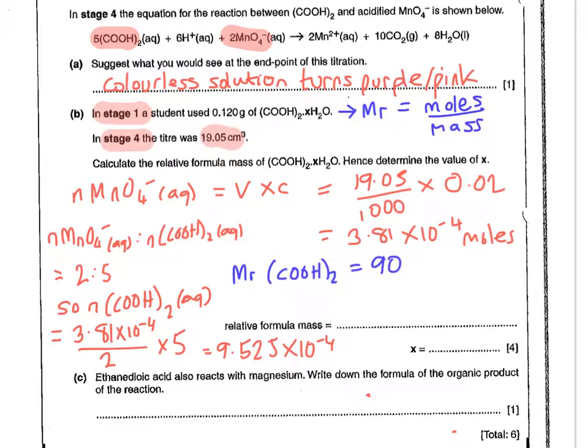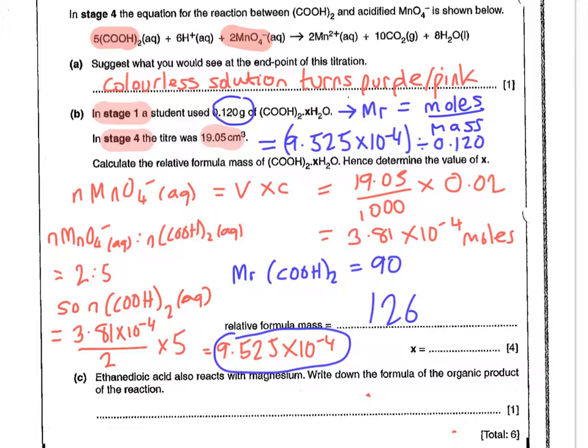We know what the moles are, so we just divide the mass by that, which gives us 126. The difference between them is 36. Like we said in the previous screen, the MR of water is 18. 18 goes into 36 twice, which means we've got a water of crystallization number of 2, so X is 2.